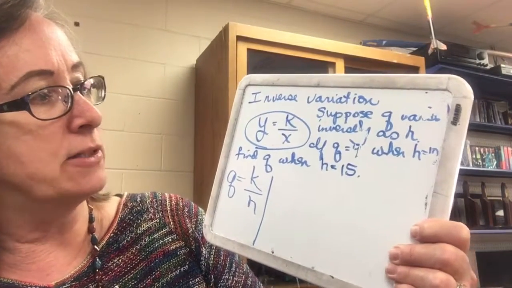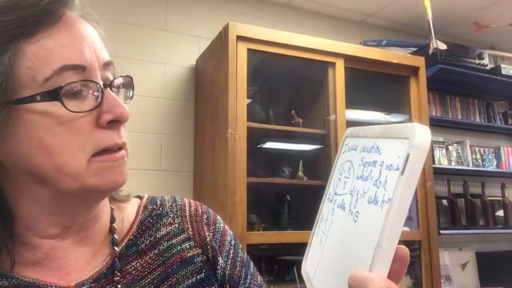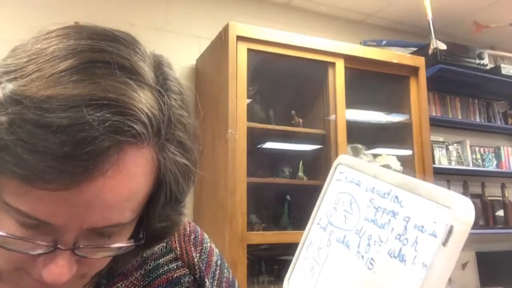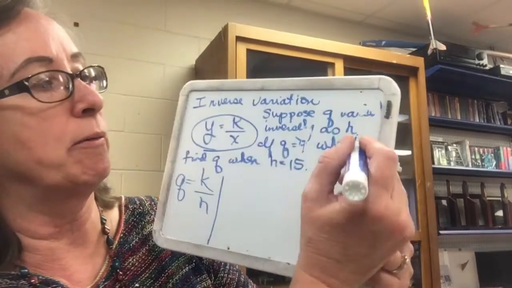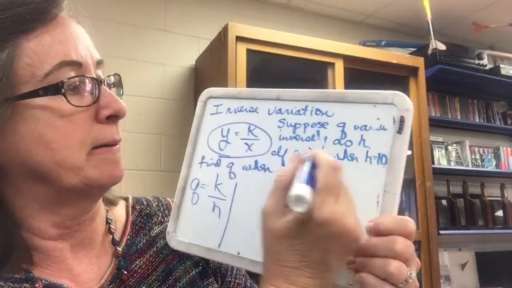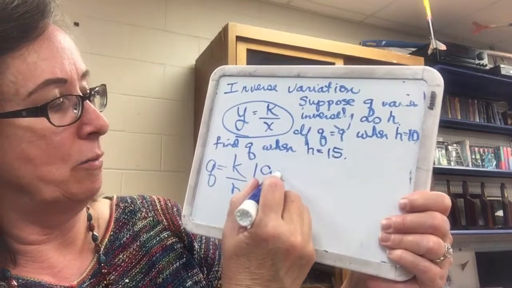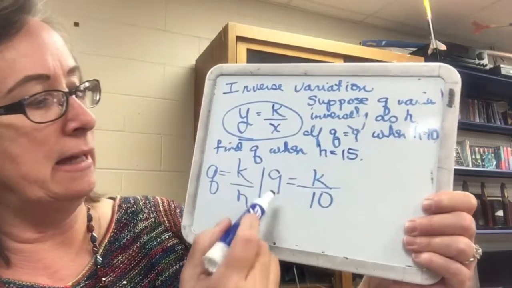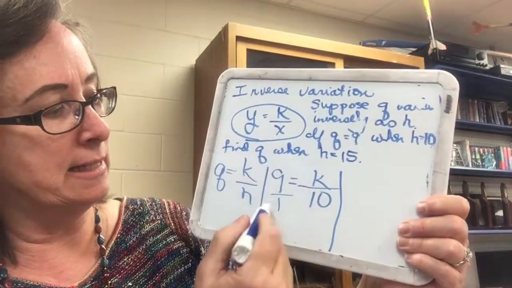Okay, as if q is 9 when h is 10. So if q is 9 when h is 10, then if I cross multiply, my k is 90.